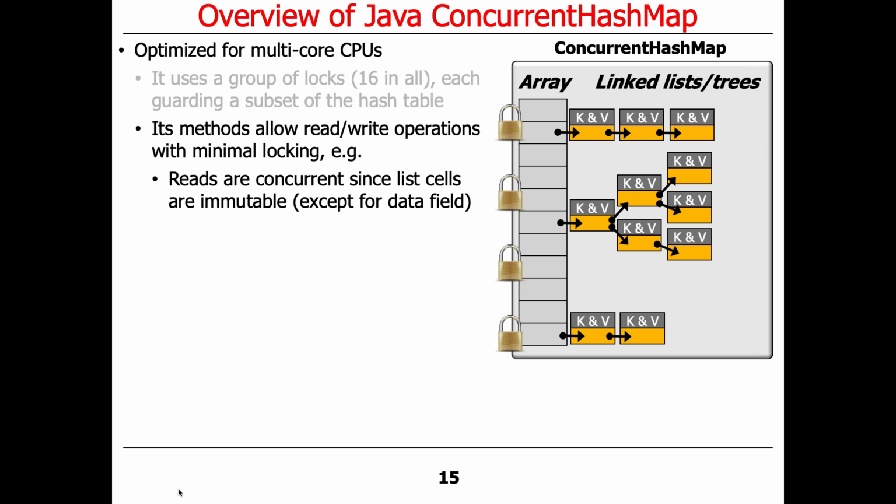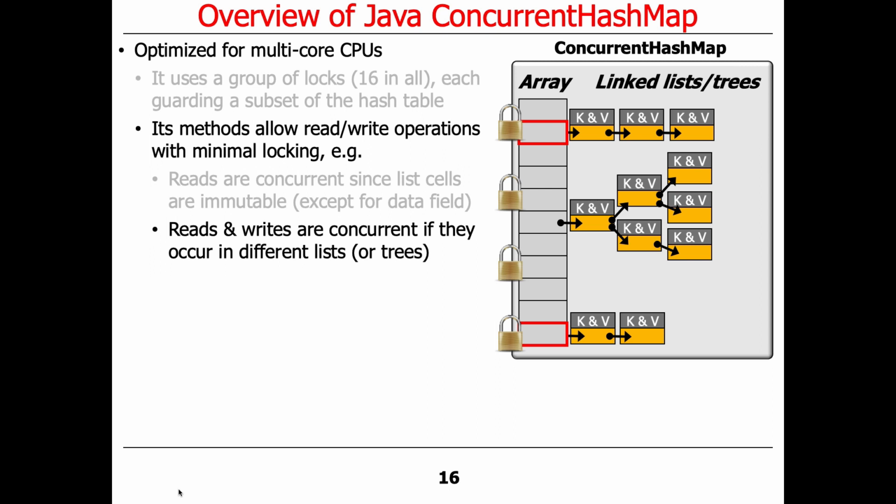And that's because the contents of the cells that make up the linked list or the trees are immutable, which means once they're created, they never change. The data fields can change, but the actual structure of whatever you hash to, be it a linked list or a tree, won't change. So as a result, there's no need to lock when you're doing reads. So all the take operations can run totally in parallel, which is really cool.